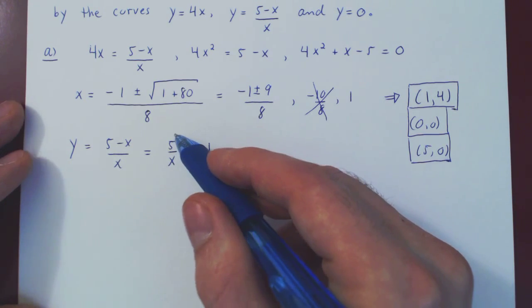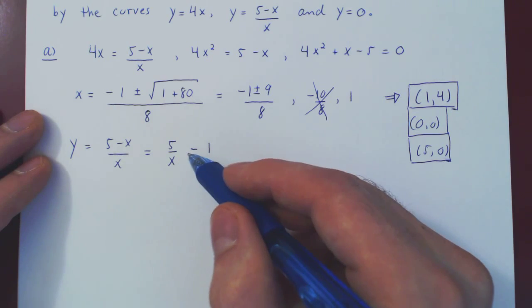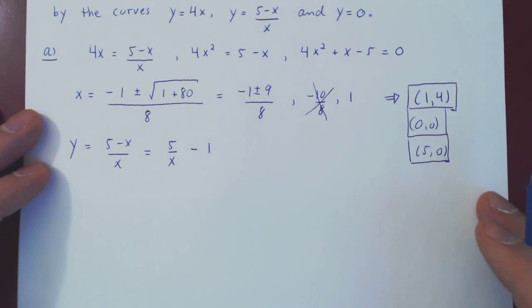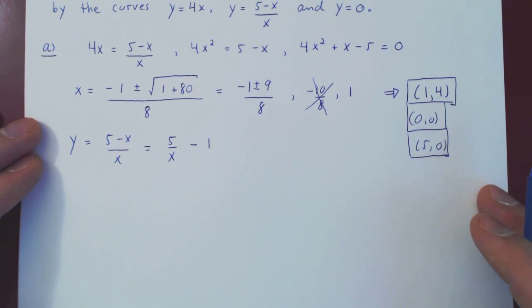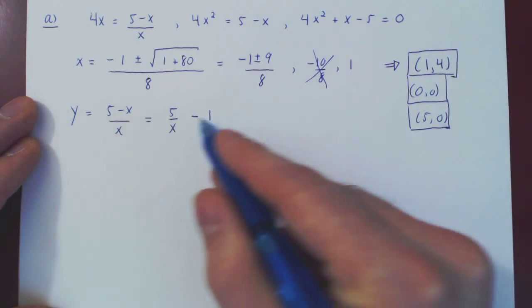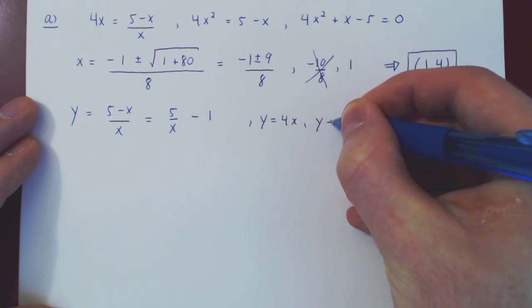So think of it this way, this is just 1 over x, but a little higher as it's 5 times bigger. The minus 1 gives you a vertical translation by 1 down. So we have a fairly simple set of functions to graph. This is the first one, y equals 4x, and the x-axis y equals 0.